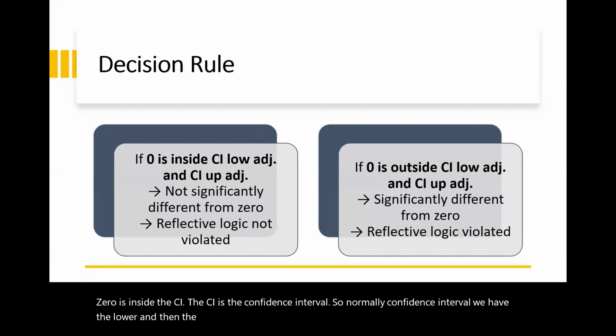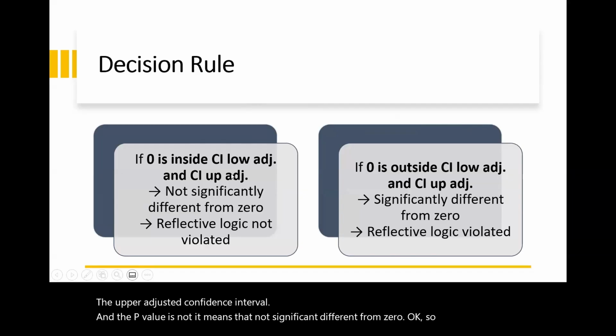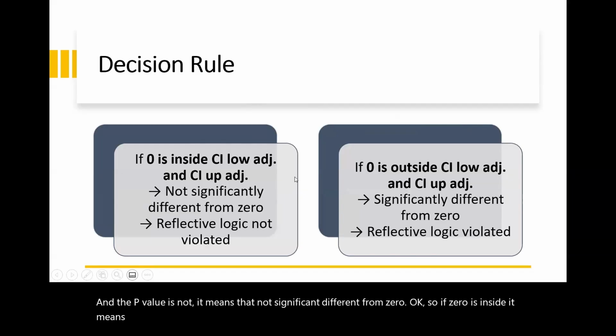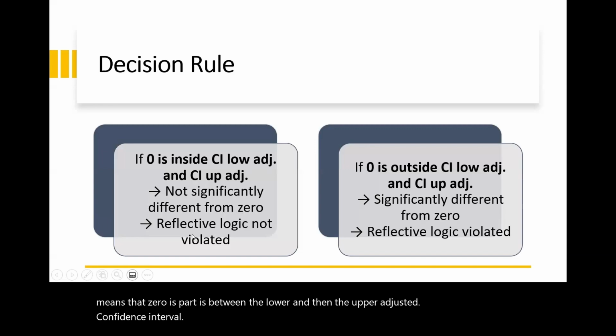So if 0 is in between the lower adjusted confidence interval and the upper adjusted confidence interval, and the p-value is not significant, it means it is not significantly different from 0. In that case, you can say that the reflective logic is not violated.